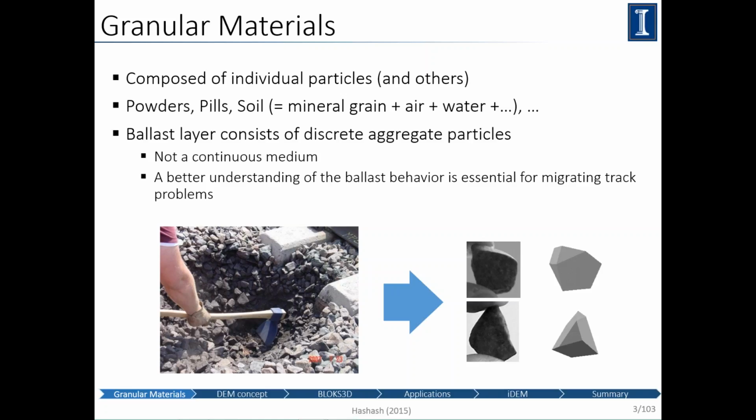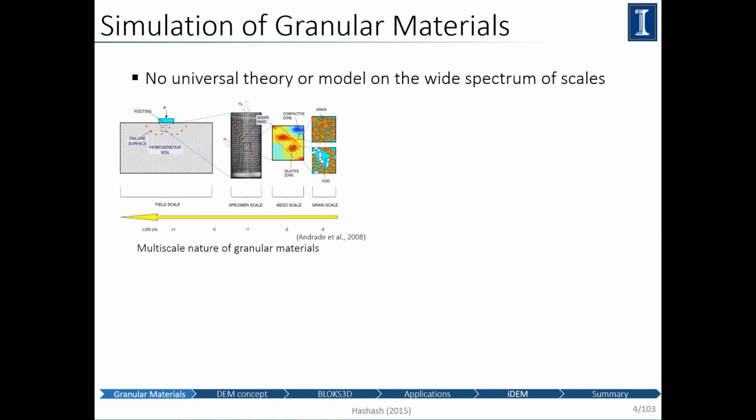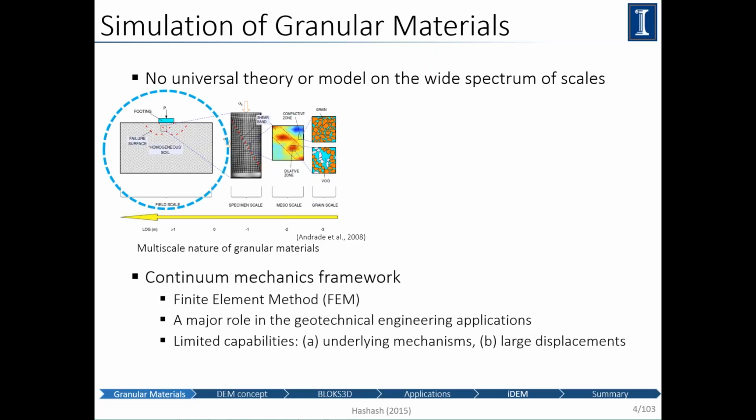We can approximate a continuum model of this material. We may find it useful sometimes, but there are times when the modeling of individual particles is going to be extremely helpful to us.